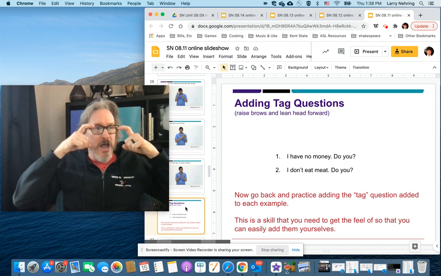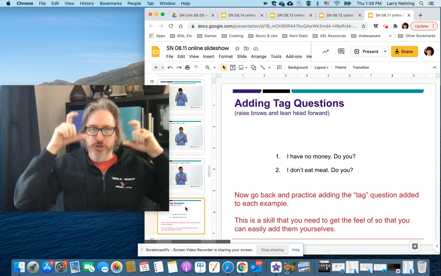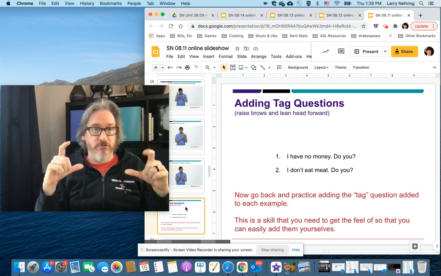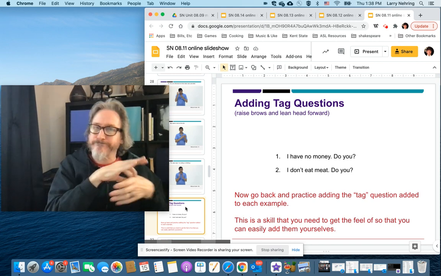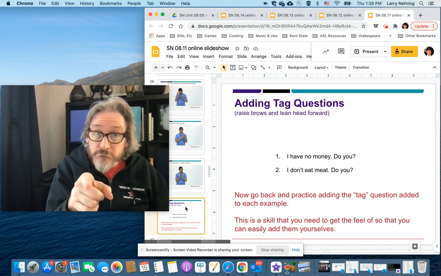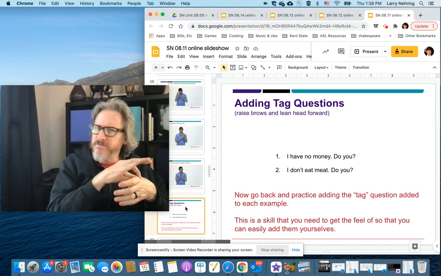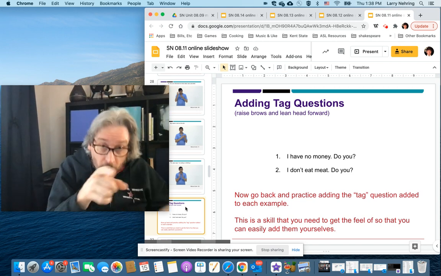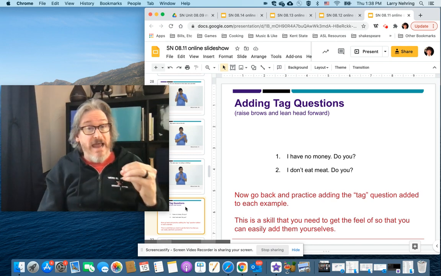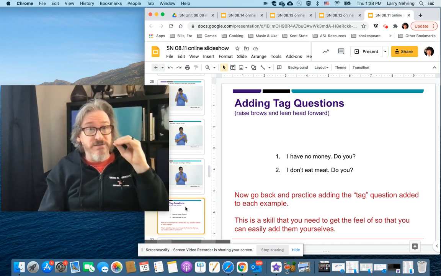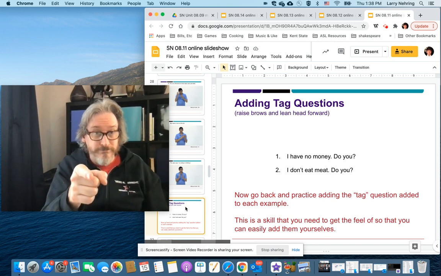So we need to see a definite change in facial expression for that grammar, because you're like, negative, negative, negative. I don't eat meat. How about you? If it helps, think of the voice of Scooby-Doo. Oh, okay.